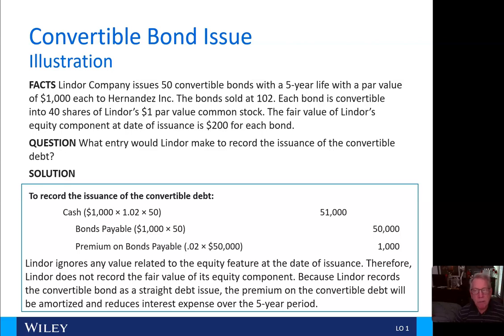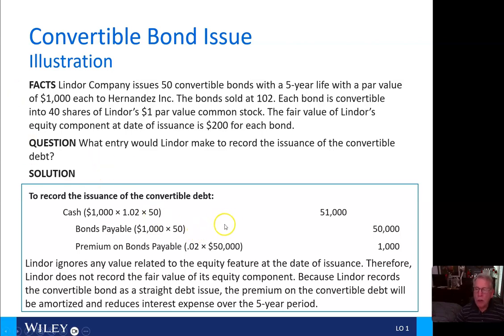Each bond is convertible into 40 shares of Lindor's $1 par value common stock. The fair value of Lindor's equity component at the date of issuance is $200 for each bond. What entry would Lindor make to record the issuance of the convertible debt?